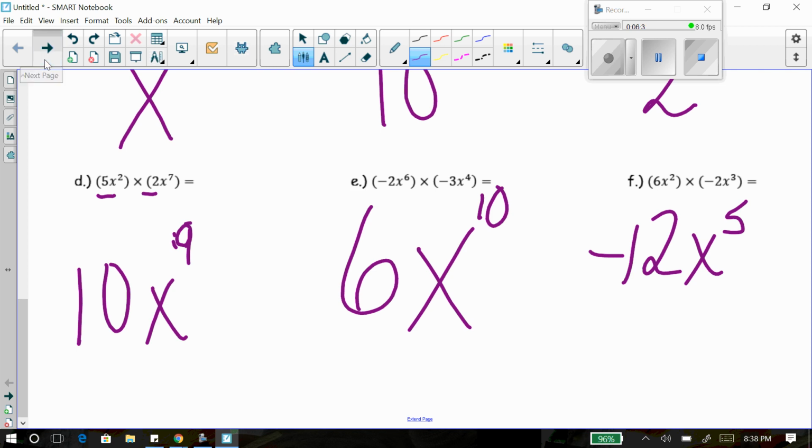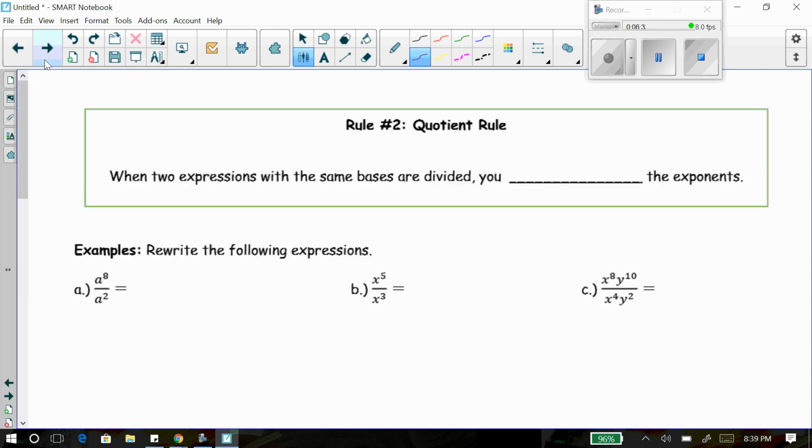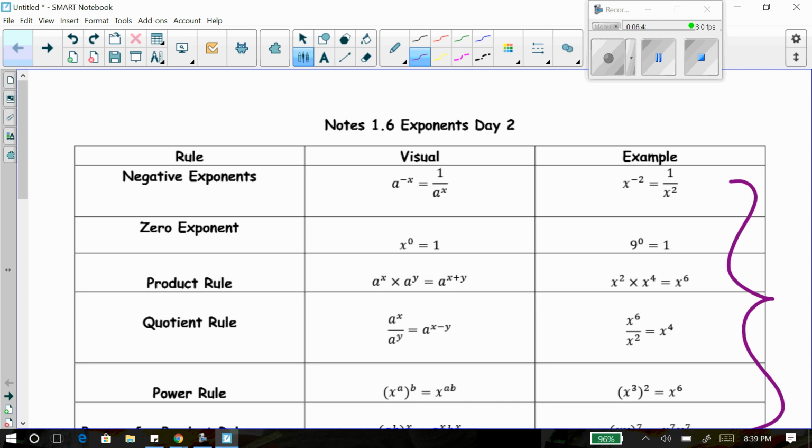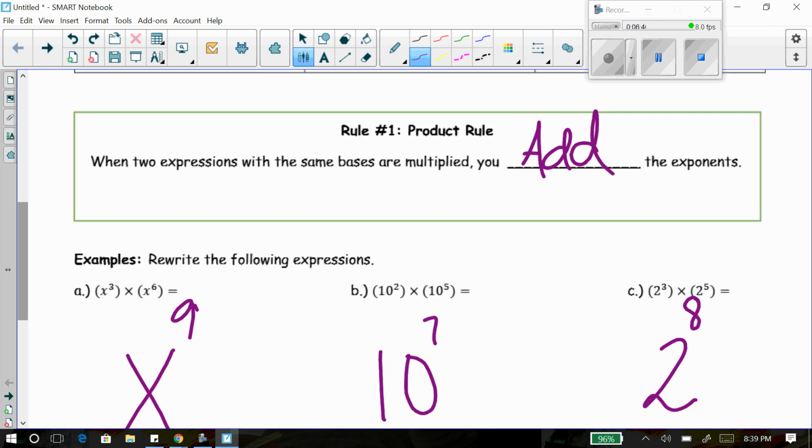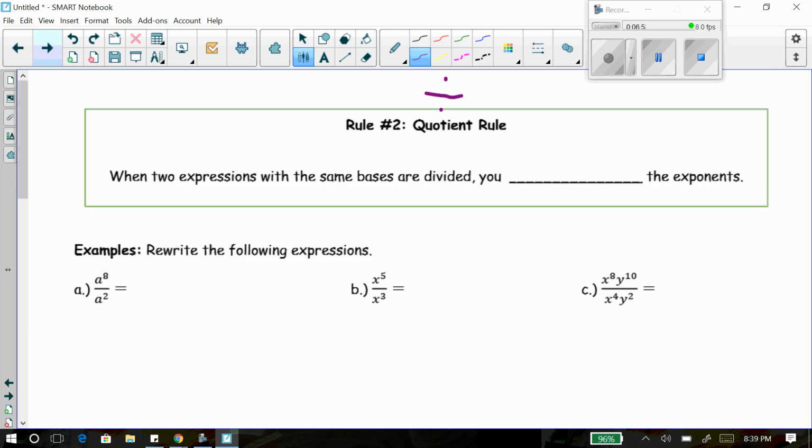All right, let's try the next rule. The next rule is the quotient rule. And you guys know that quotient means to divide. Just like product, oops, meant multiply. So if we added the exponents when we did the product rule, when we do the quotient rule, we subtract exponents.